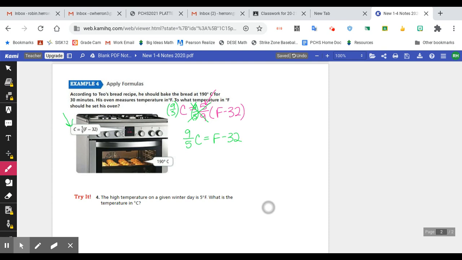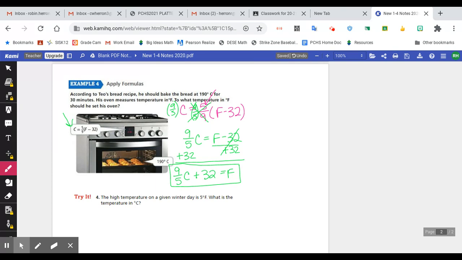I took out the parentheses because we're not distributing anything anymore, so there's no need to have them. Then we are able to look at just this part. If I need F by itself, the only thing left to do is move 32. Now remember, you're not actually adding 32. I said move 32. So 9/5 C plus 32 equals F. And there is your formula.